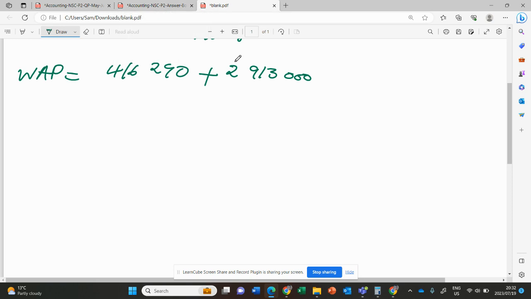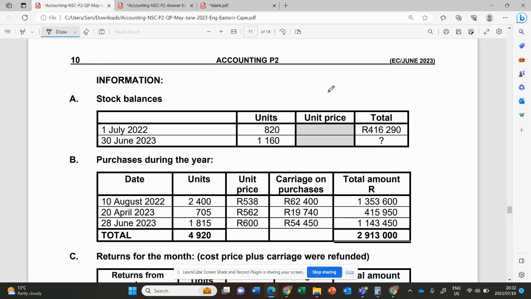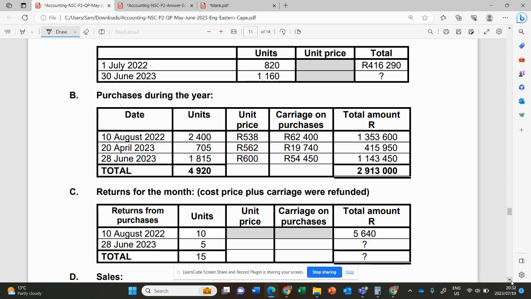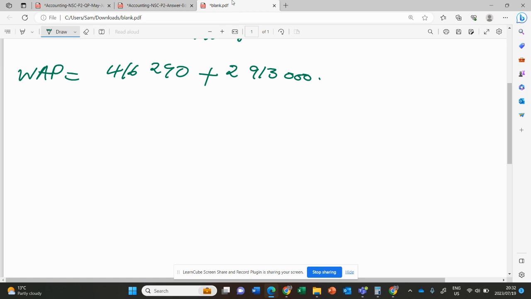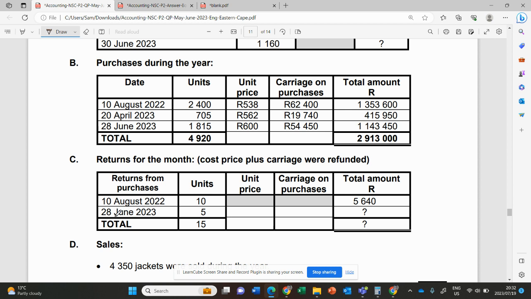Then the formula continues to say we need to subtract the returns. The return we made in August is 5,640 in total, so we say minus 5,640. It's not the only return we made. We made another return on the 28th June 2023. How are we going to get that value?